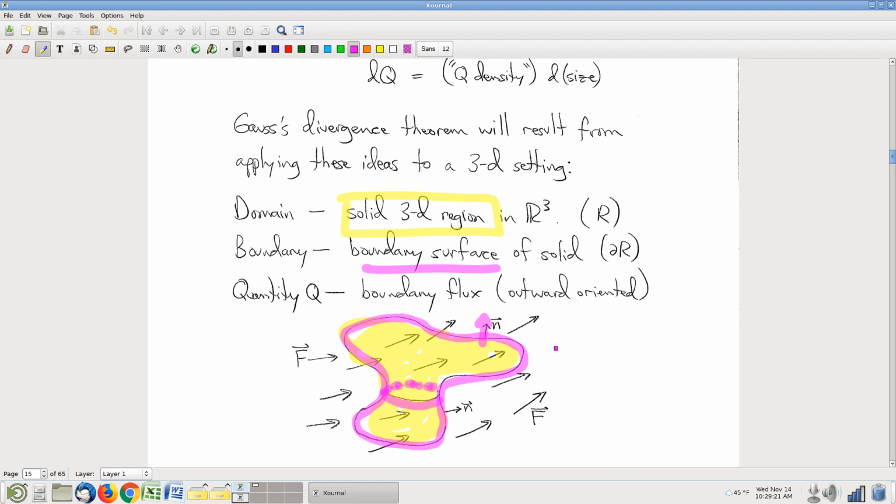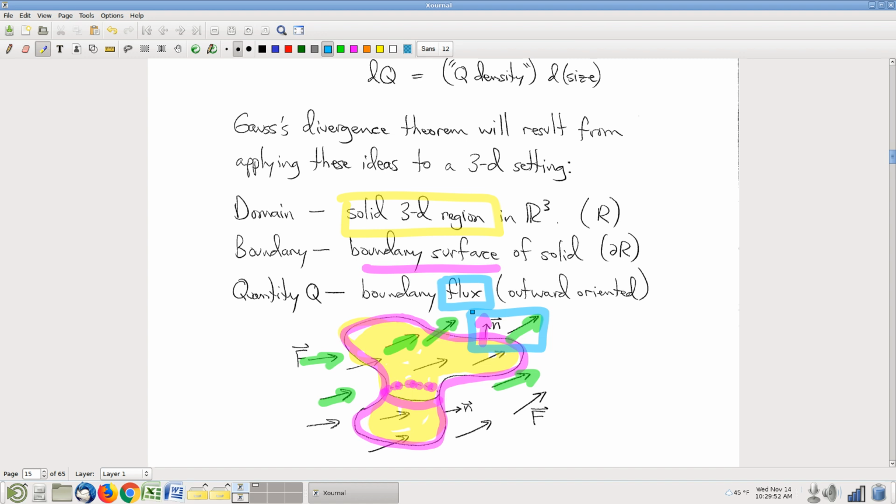Now let's remind ourselves, what does flux represent? Flux says we've got some vector field representing a fluid. Here's our fluid flowing. Right, and it's flowing through this solid. Flux is measuring to what extent the fluid is flowing through the surface in the direction that the normal vector is pointing, right?